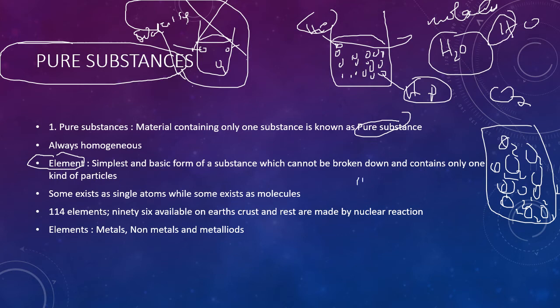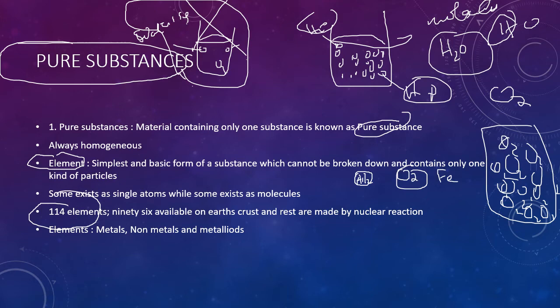H alone is an element, H2 alone is an element, O2 alone is an element, Fe is an element. There are 114 elements, like hydrogen, helium, lithium, beryllium, boron, carbon, nitrogen, oxygen. All these are elements. They are made up of only one kind of particle and cannot be broken down any further, because their properties would become invalid then.